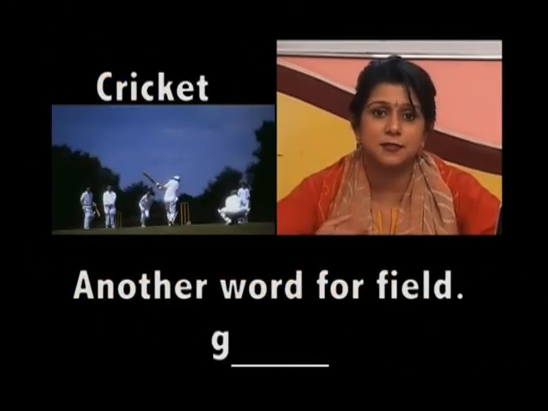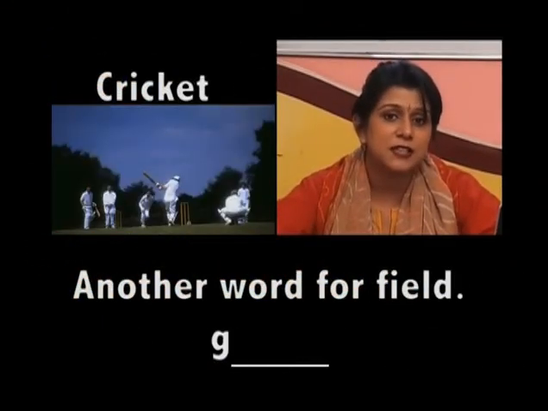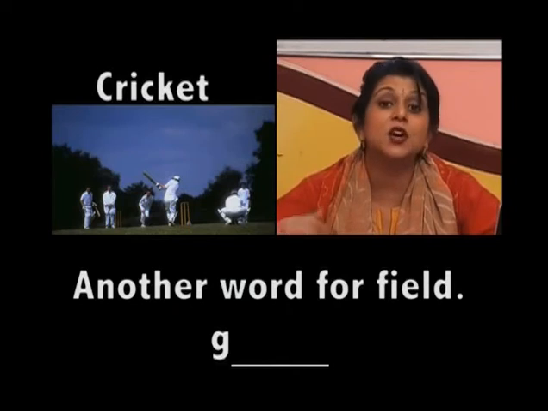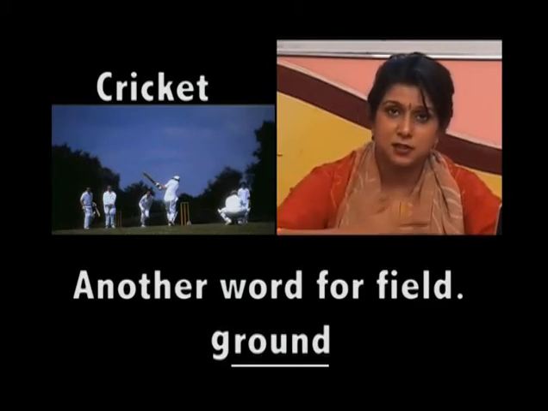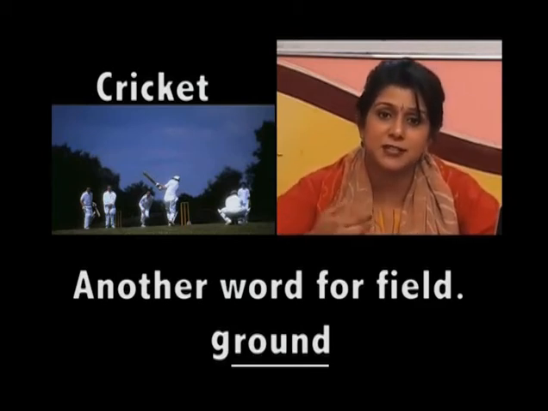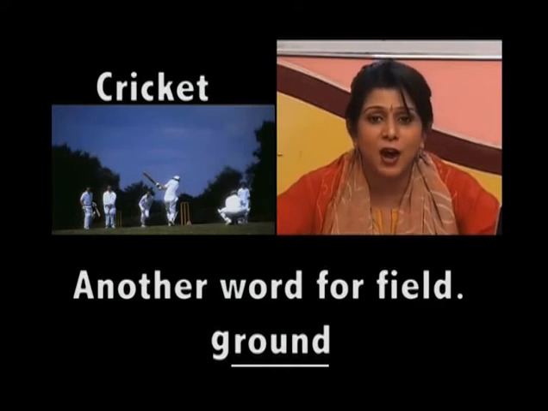For example, to start with the first one, it's all about cricket. And the first one is another word for field. Which is another word for field in cricket? Correct, it's ground. The field on which cricket is played is called the ground.